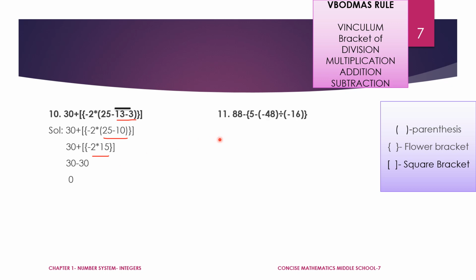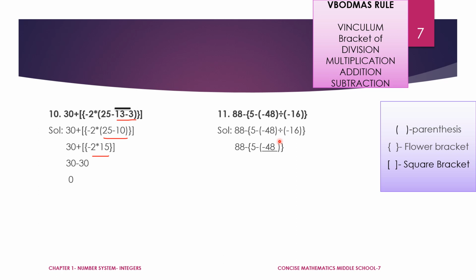11th question. 88 minus 5 minus 48 divided by minus 16. Here, do you have any vinculum? No. Do you have any brackets? Yes. What is there? Minus 48 divided by minus 16. Right? This is in the bracket.